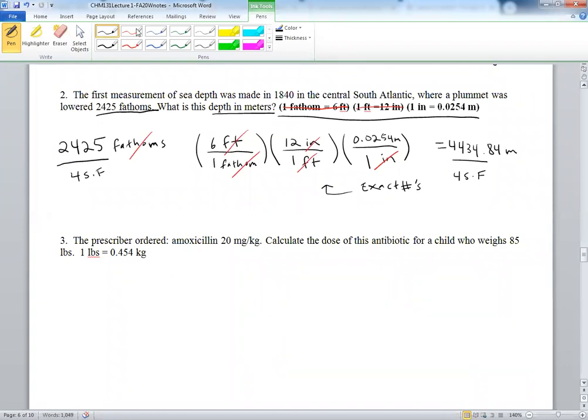Okay, so I need 4 sig figs. So I'm going to count my first 4 sig figs. 1, 2, 3, 4. I need to end with that 4. There's an 8 after it, so I need to increase this to a 5. So my final answer will be 4,435 meters.